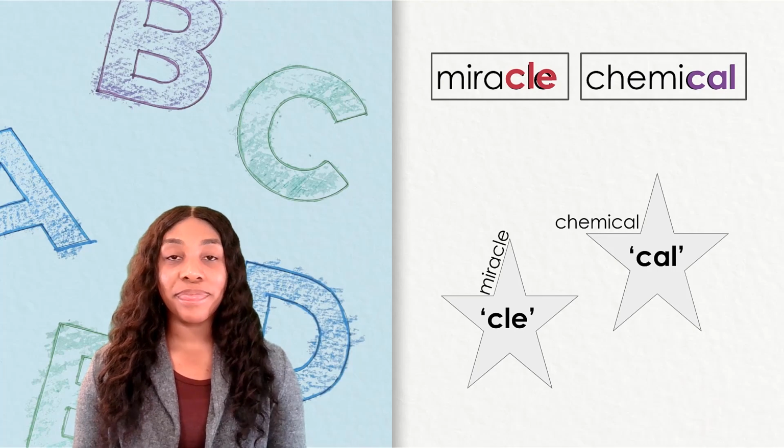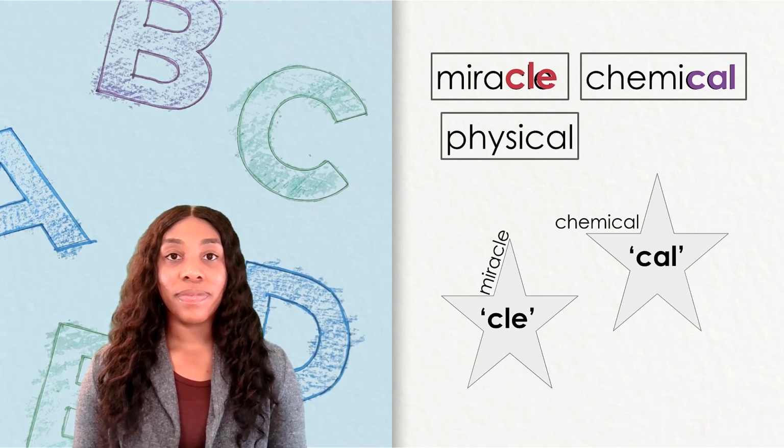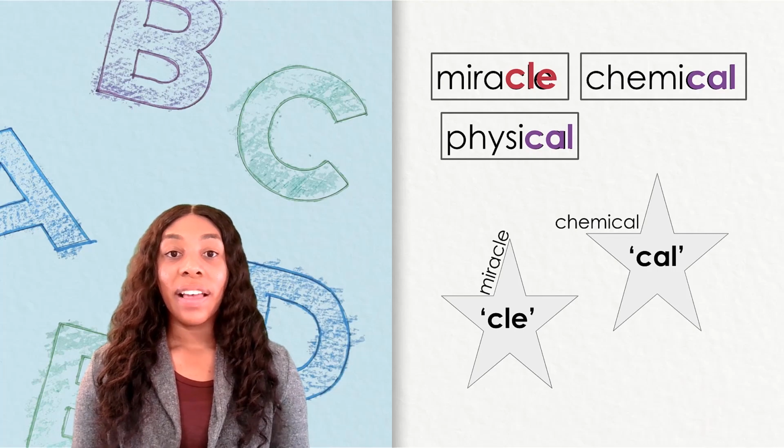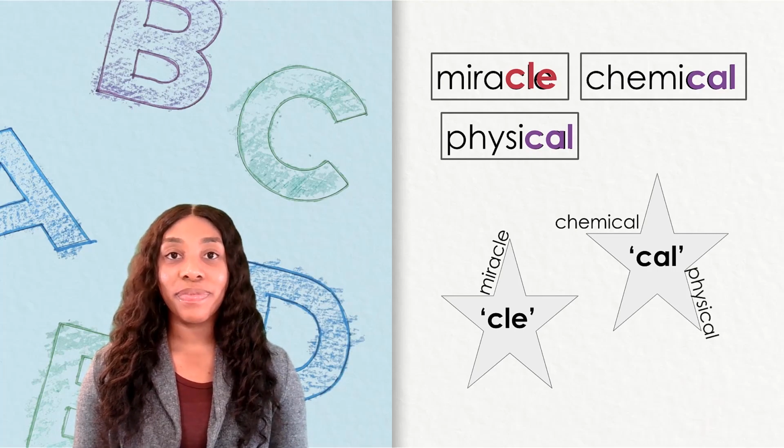Here's another word. What word is this? Physical. Which star does the word physical belong on? Physical makes the k sound at the end, and it is spelled C-A-L.